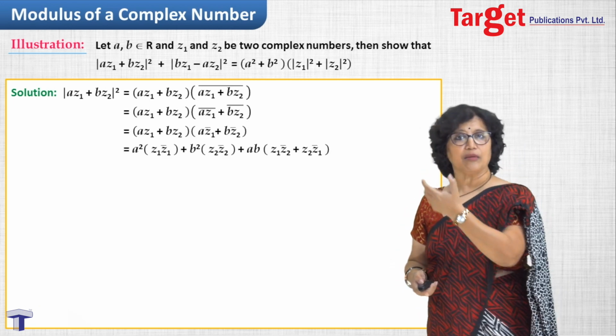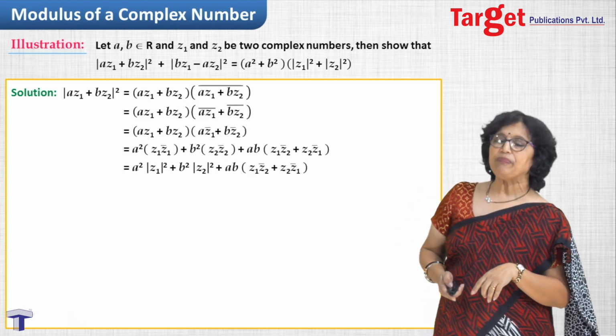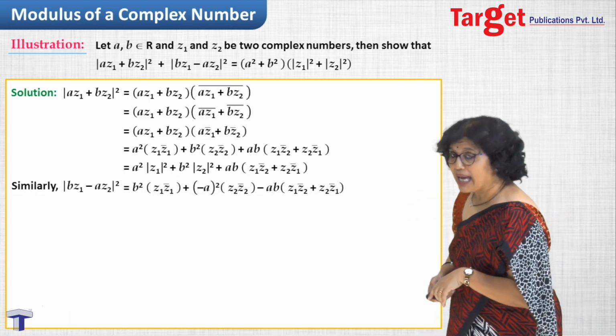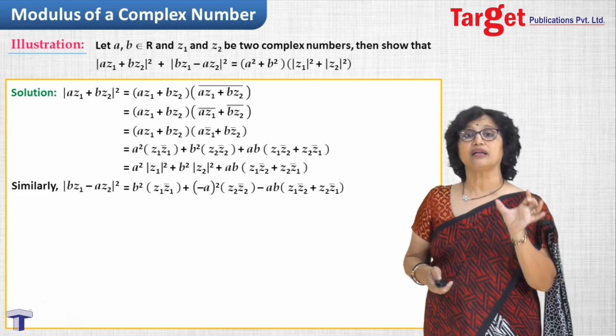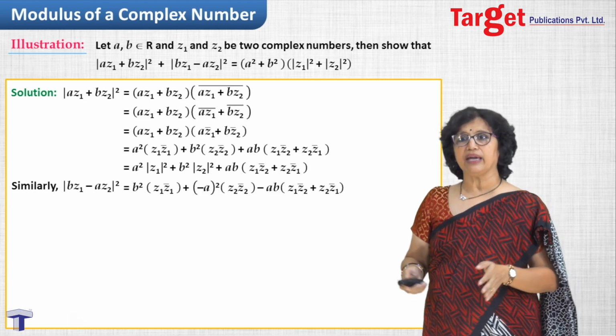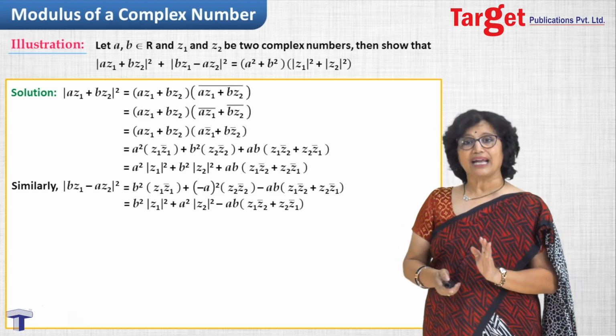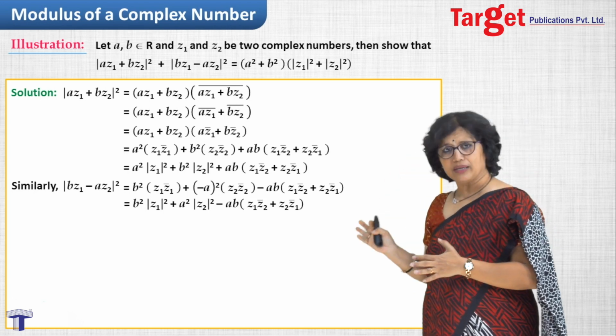Now I attempt the second part, that is mod of (b z1 minus a z2) whole square. To get this, again we will be using a similar property, that mod z square is nothing but z z bar. Same property, simplifying term by term, I will again get terms of a square, b square and product ab.